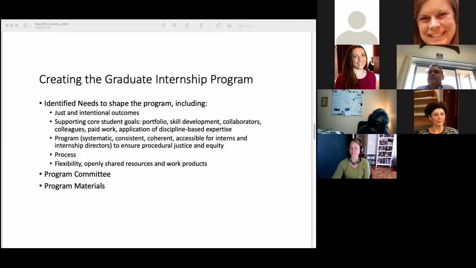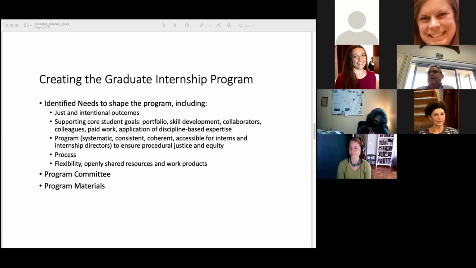At the same time, any new support had to provide for the space for exploration, which is inherent in mastery learning and mentoring processes. We took these considerations into account in designing this program.